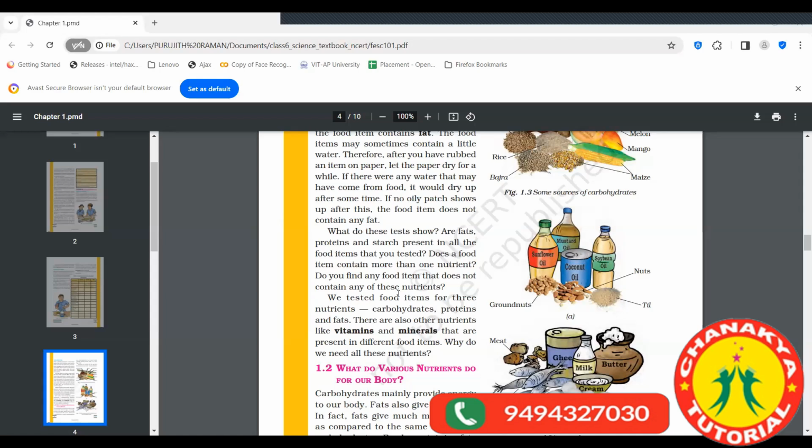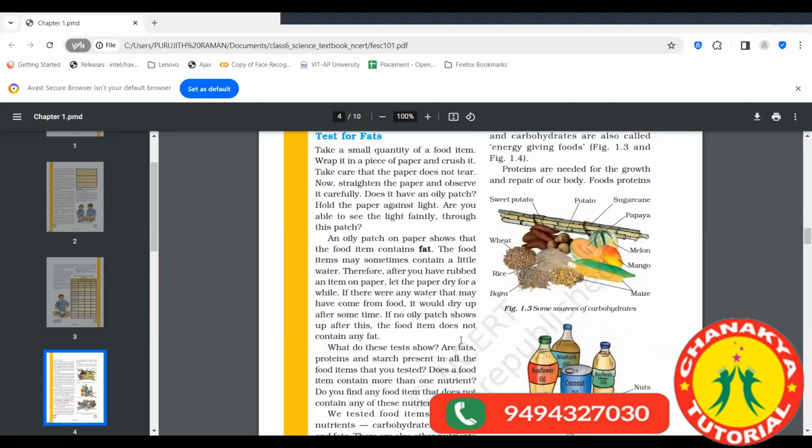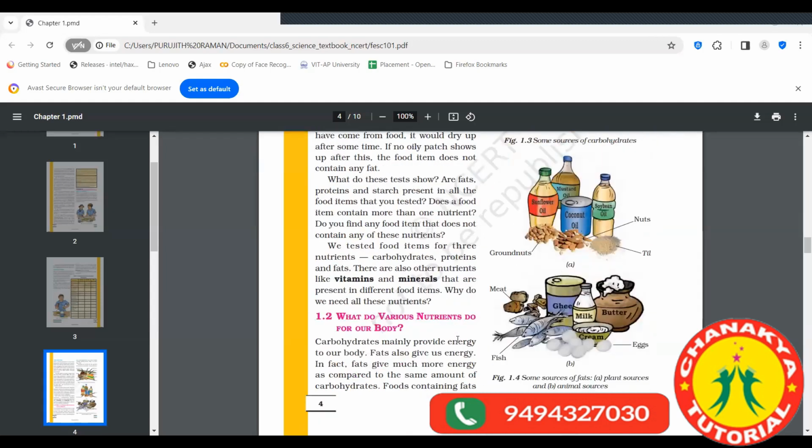Why do we need all those nutrients? We discussed this point already, right? Different kinds of nutrients help us in different ways. Vitamins help us in certain things, minerals help us in certain things, carbohydrates help us in certain things, right? We already discussed this.